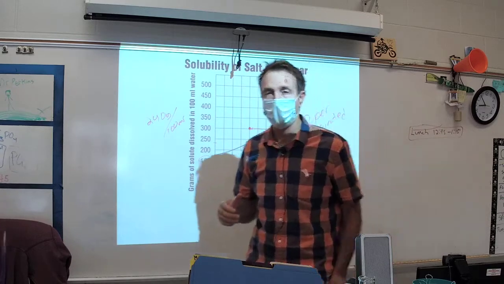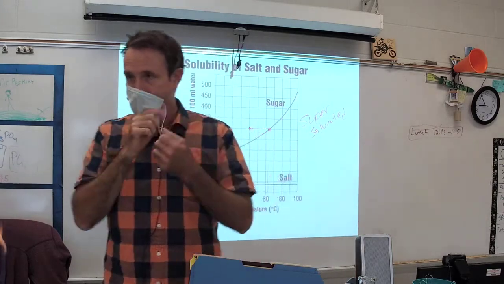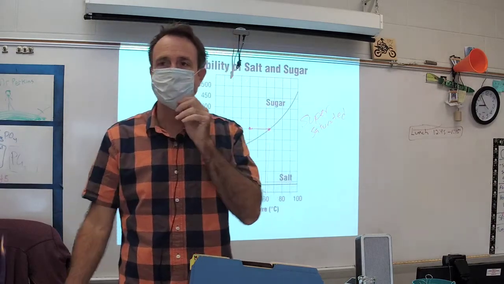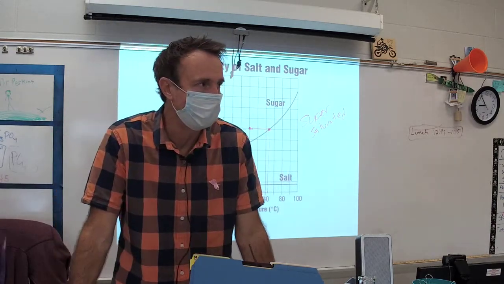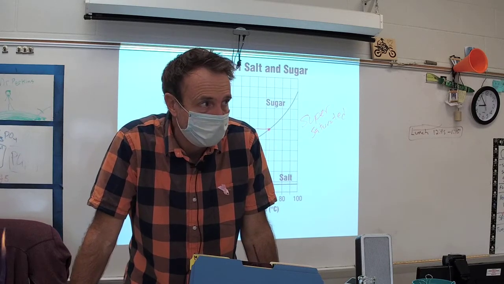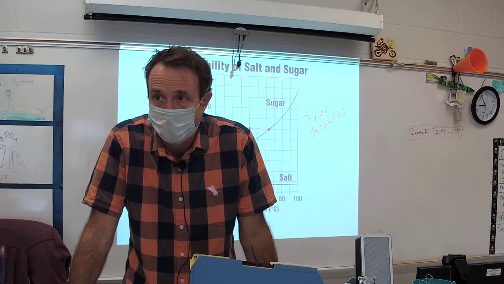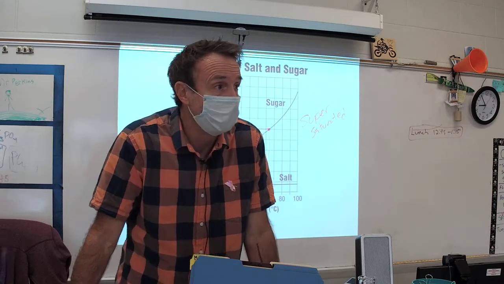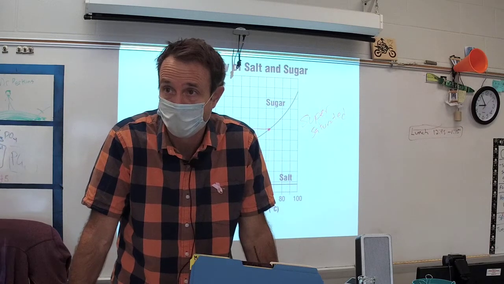Now, when and where and how do people do this at their home all the time? If they're making sweet tea or lemonade or Kool-Aid. How do you do that? That's right. You use hot water. Have you ever made Kool-Aid or sweet tea before?